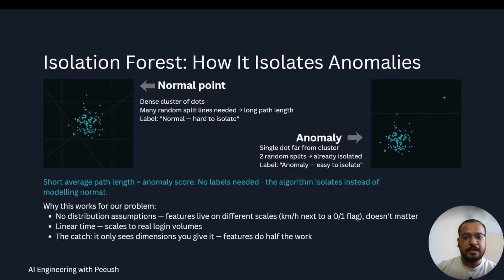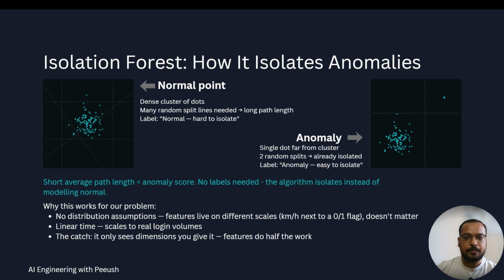So, how do we catch all three without a single labeled example? Isolation forest. And the idea is almost embarrassingly simple. Most algorithms try to model what normal looks like and flag whatever doesn't fit. Isolation forest flips it. Don't model normal at all.